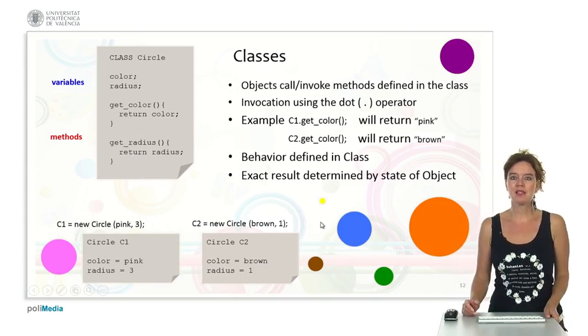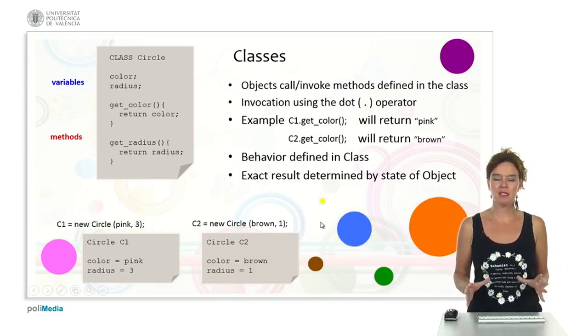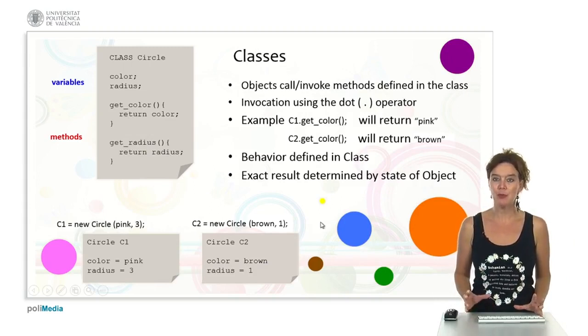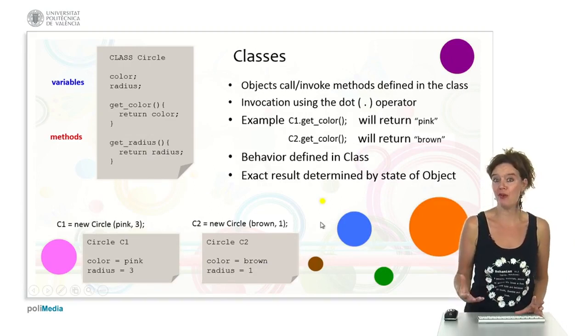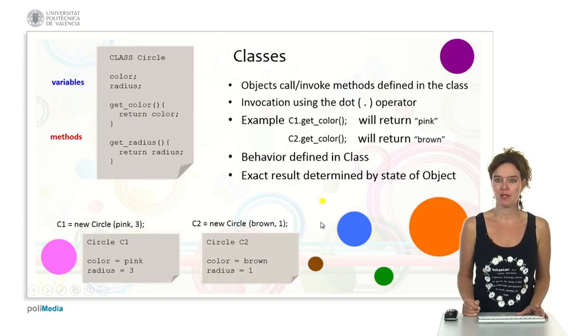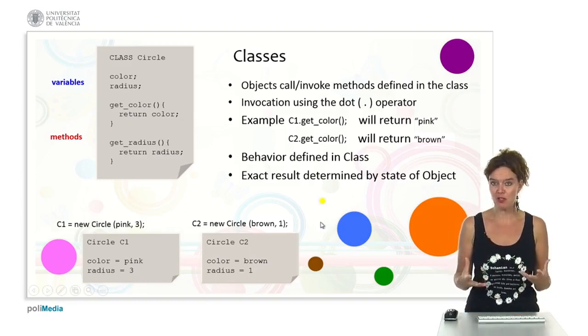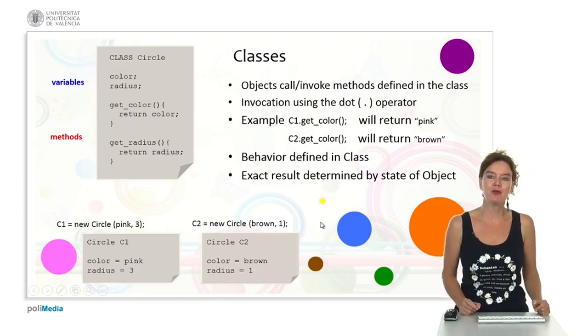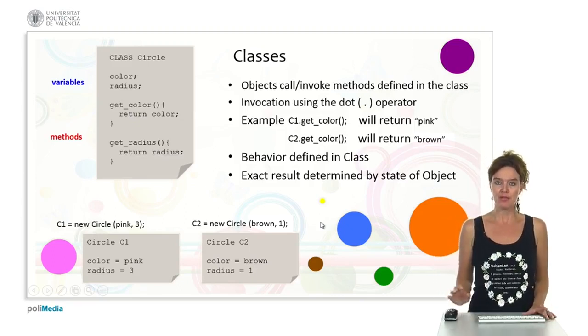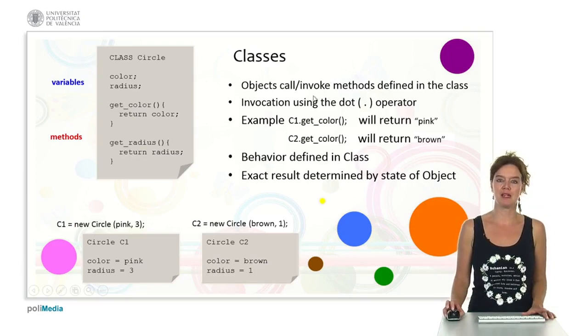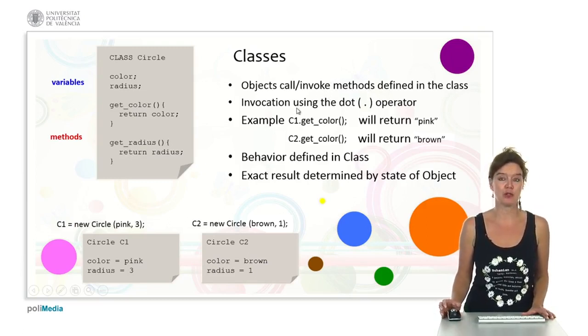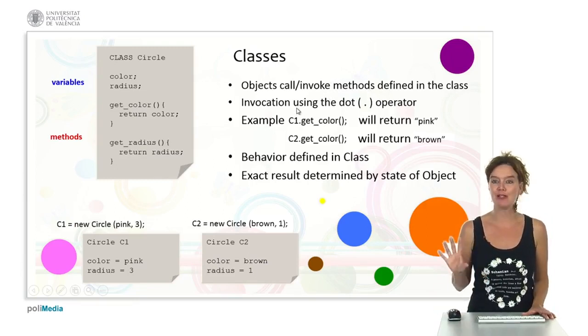So the classes define the methods that we can call or invoke for every object. Calling or invocation of methods on objects we do by using a dot operator. Here we see examples on this slide. C1 is an instance of the class Circle. And C2 is also an instance of the class Circle.